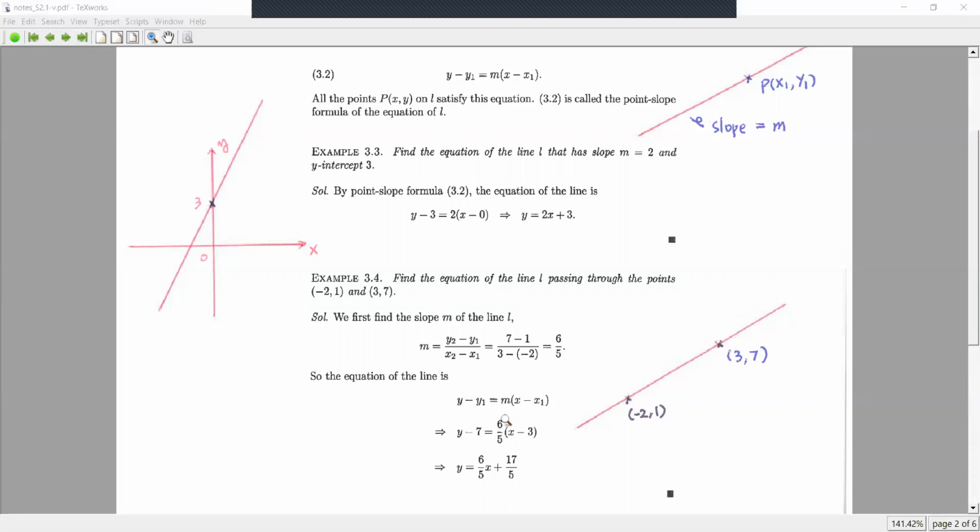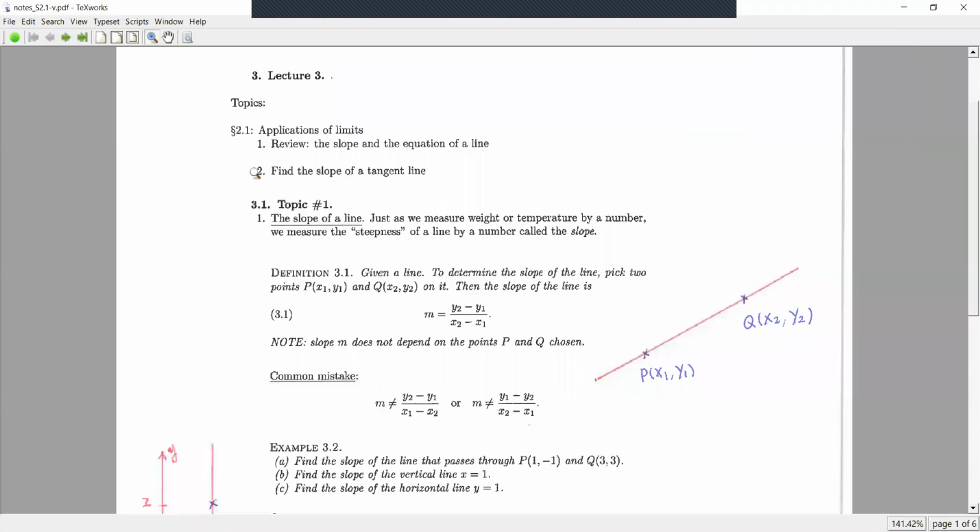This is a point P. y minus 7, then slope is 6 over 5, 6 over 5, parenthesis x minus x1. This point is point P. X coordinate is 3, so x1 is 3. Simplify this equation a little bit, then this is the answer to this example.